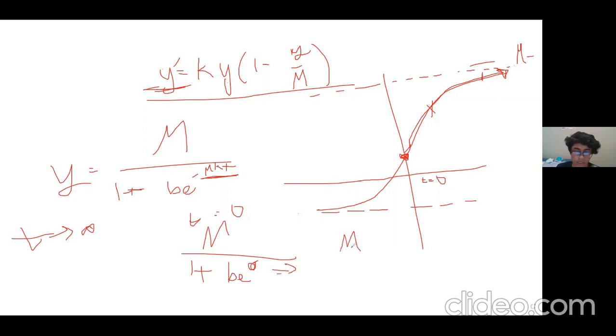So then it's 1, so it's m over 1 plus b. And so this is the y-int. Whatever this value is will give you the y-intercept or the initial value, right? And so this is just another thing to note. Carrying capacity, the y, and the k right here. All right, cool.